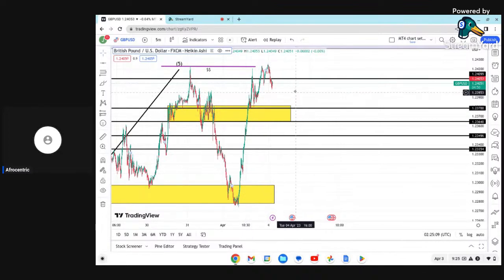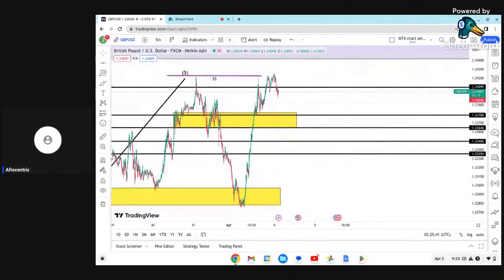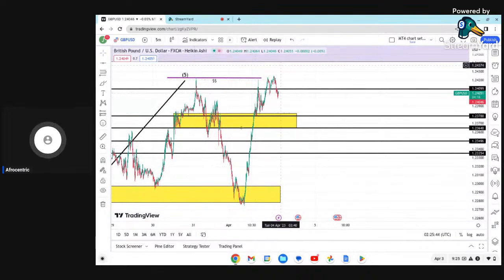I talked about how on most of these USD pairs it's easier to predict the price movement because they all have USD in them. Normally what one does, the other will do, and it all works out in your favor. And when I mark it up, it's really easy to see.